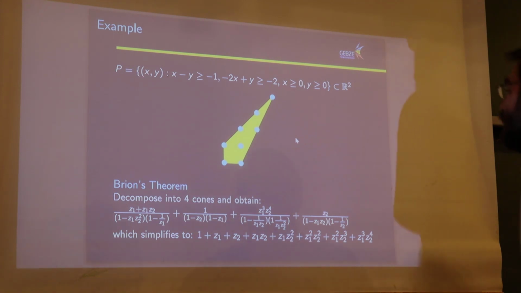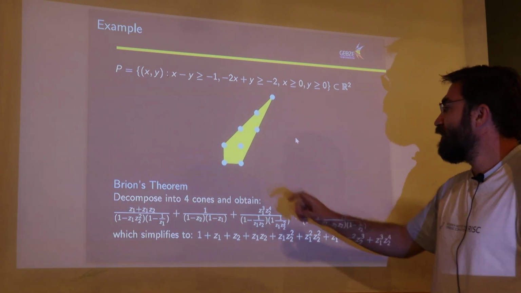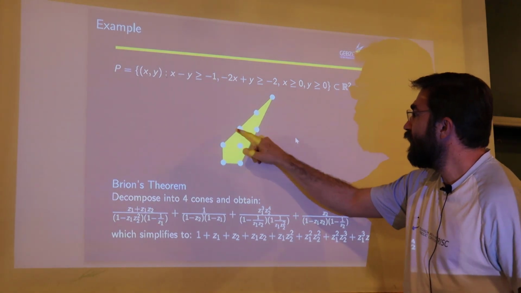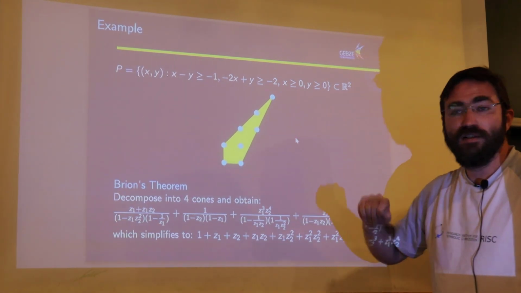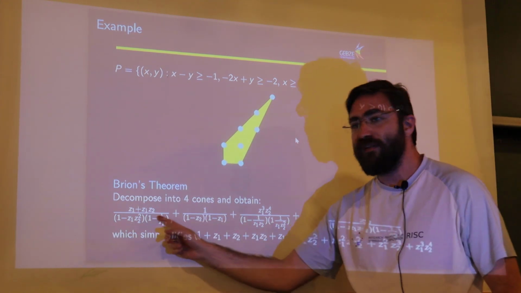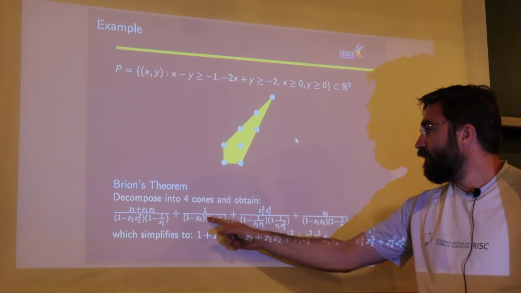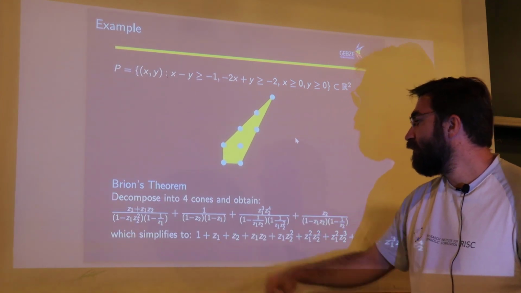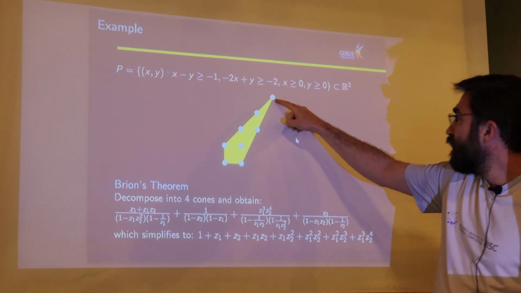So this polytope has 4 vertex cones, 1, 2, 3, and 4, right? And the corresponding 4 rational generating functions are these. I can tell you that this one is for that one, because the generators are 1, 0, 0, 1. And let's find this one.